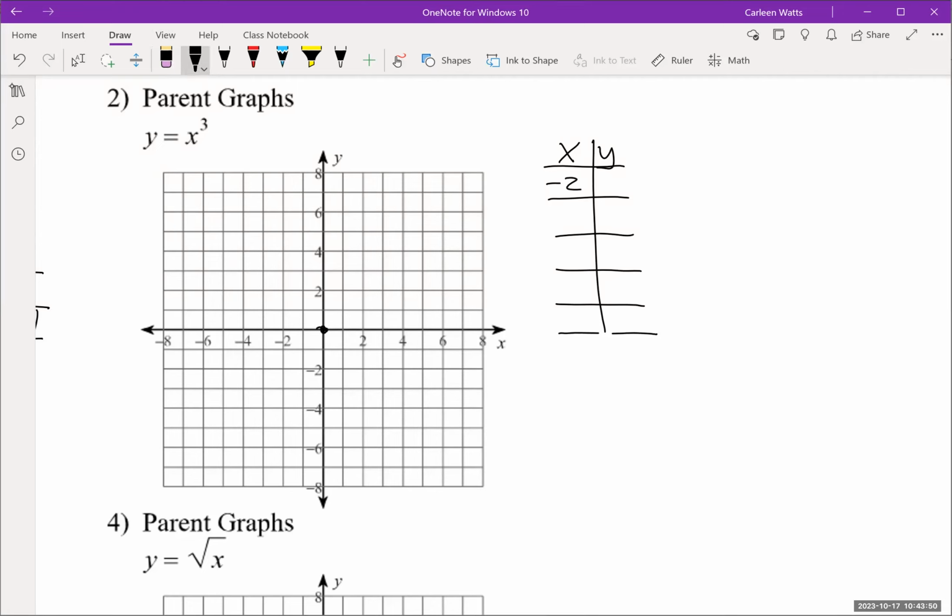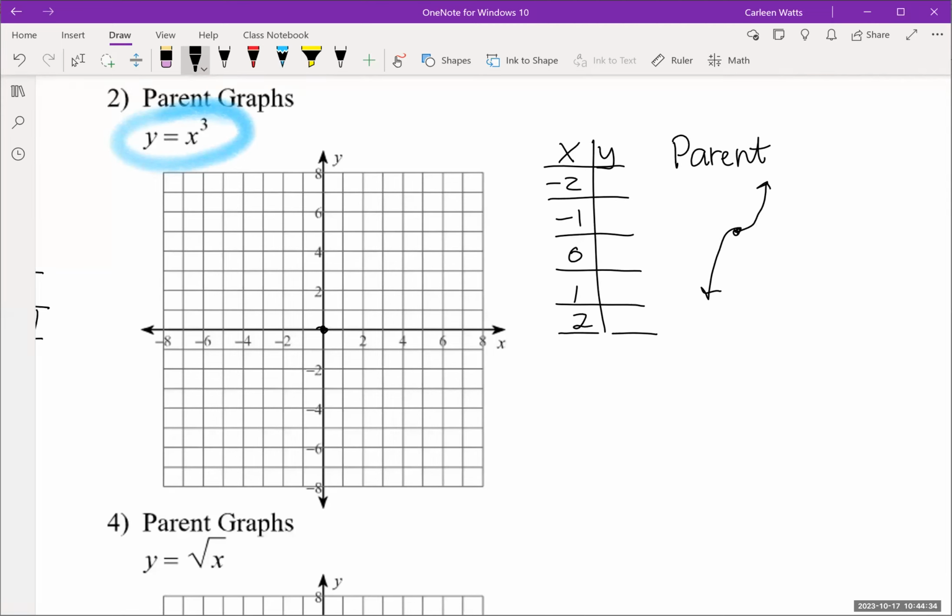Now, according to the chart we talked about at the beginning, the parent looks like this. Now, imagine taking a parabola but now with a cubic, positives go up, negatives go down. So can you see that it's almost like a parabola, except positives go up, negatives go down? That is the parent of the cubic.